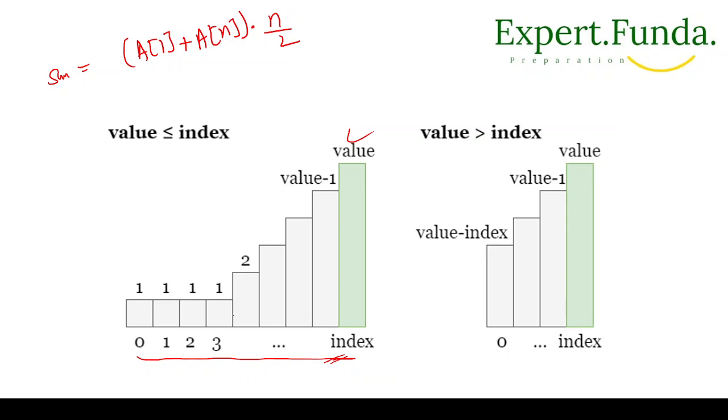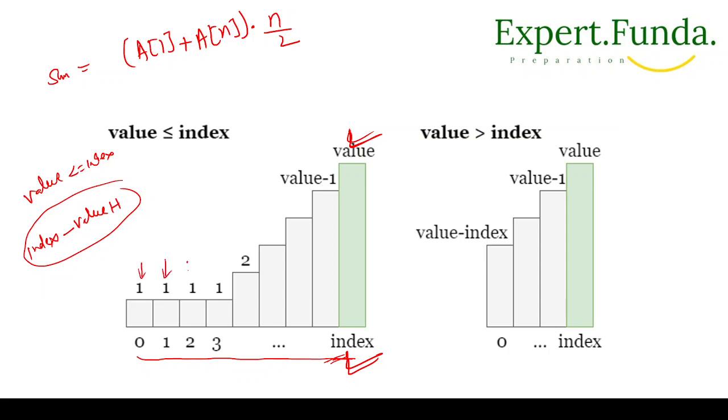This is where value is less than or equal to index, and that's why value is here and index is there. We are just adding one value here, one value here, like this for all these values.